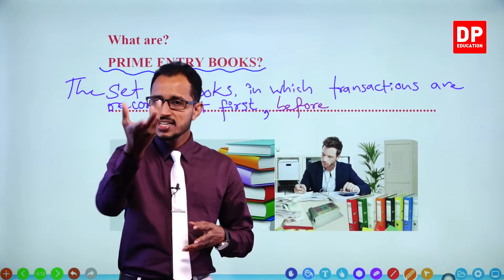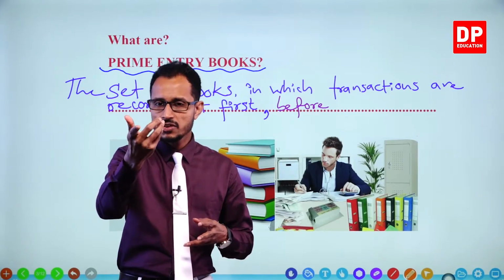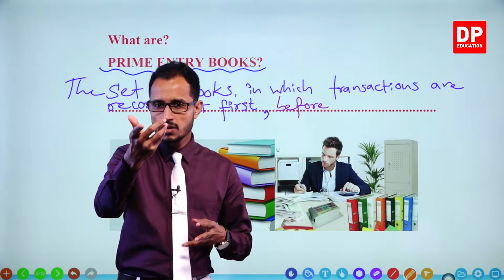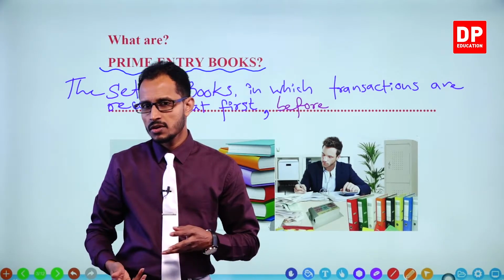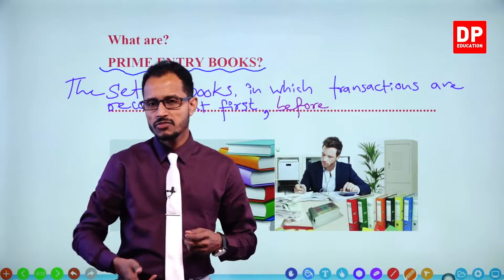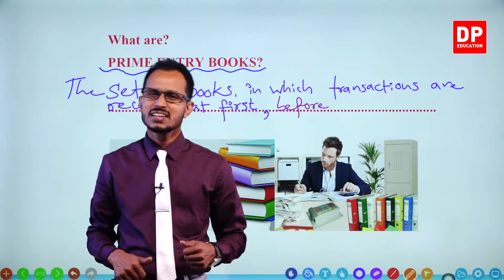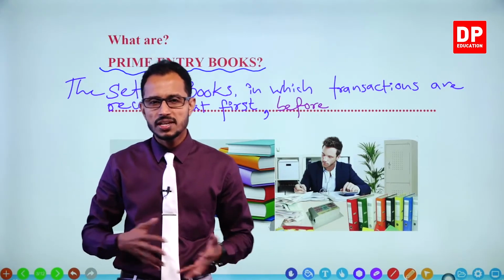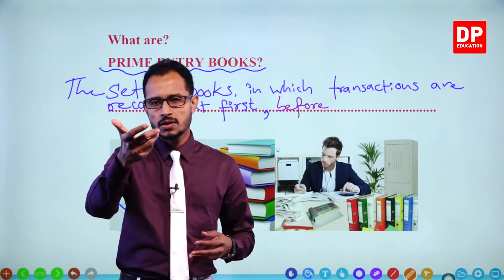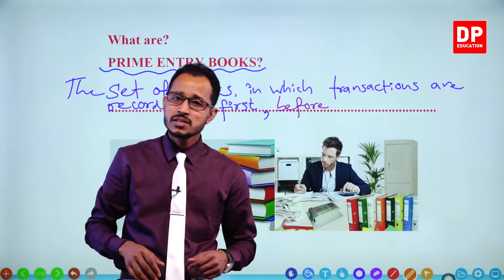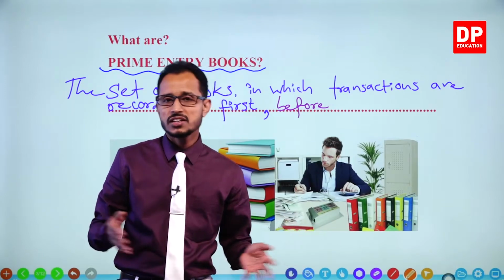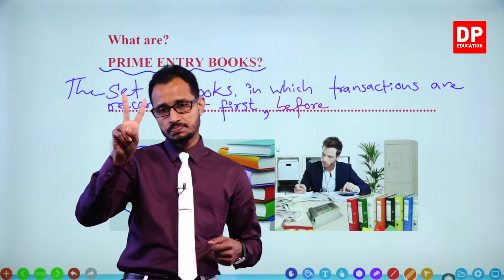What effect does that transaction have? What impact does it have on the business assets, on the business liabilities? I told you that each and every transaction has a dual impact.